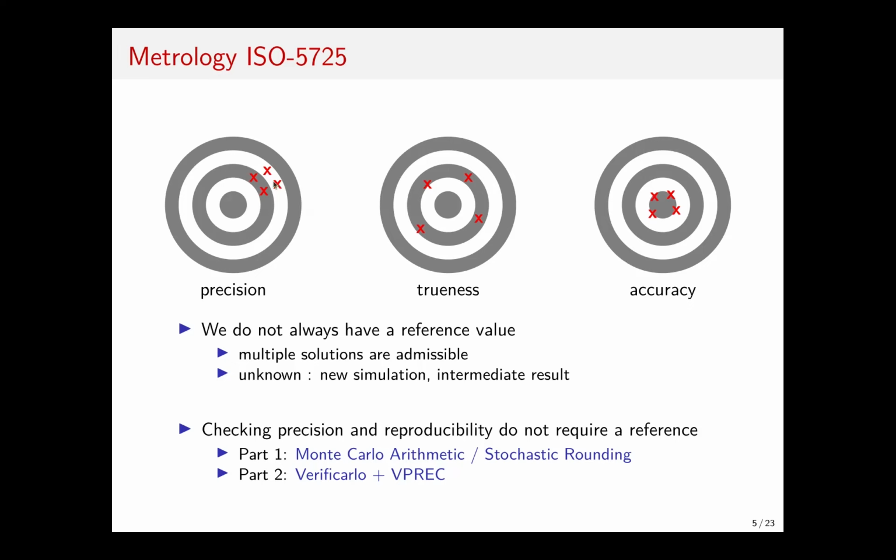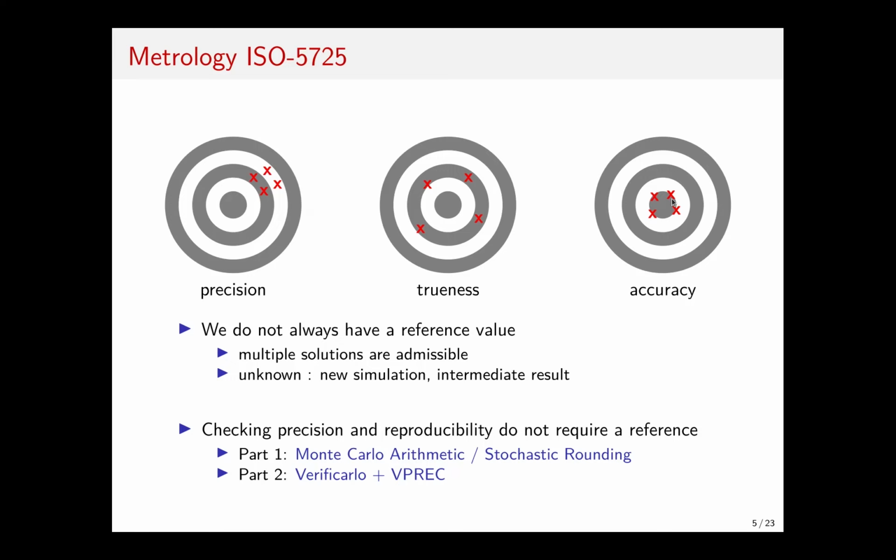So you see here, we are not in the middle of the target, but the different repetitions of our computation are very close. Trueness is going to tell us when the different computations are unbiased, are around the expected real result. And finally, accuracy, the third one, combines both qualities. And it's what we want, actually. We want an accurate result.